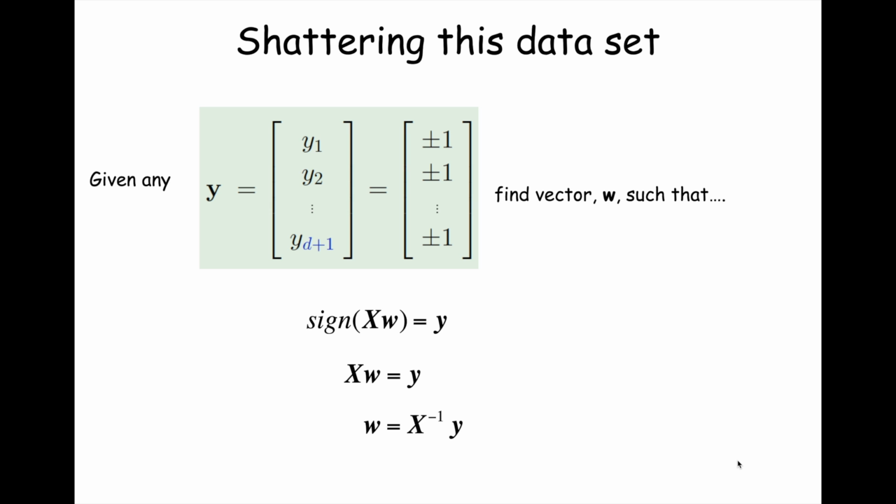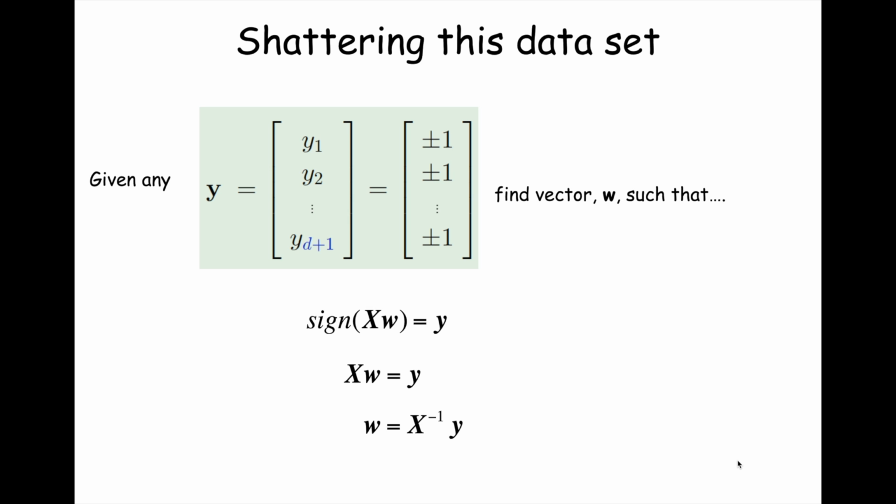values, my labels. Now these labels, I have d plus 1 labels. Why do I have d plus 1 labels? Because I said, give me one more input data point vector than I have dimensions. So if I have d plus 1 rows representing d plus 1 data points, I'm going to have a label y for each one of those d plus 1 vectors.